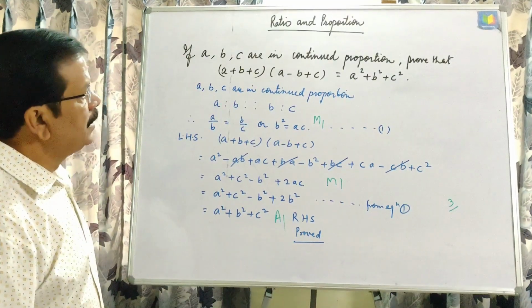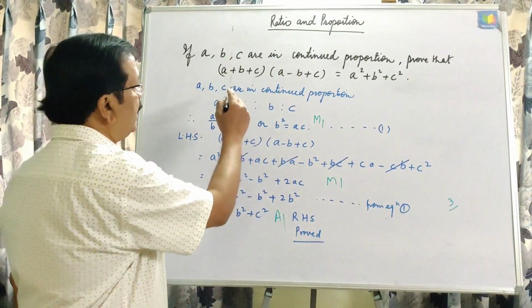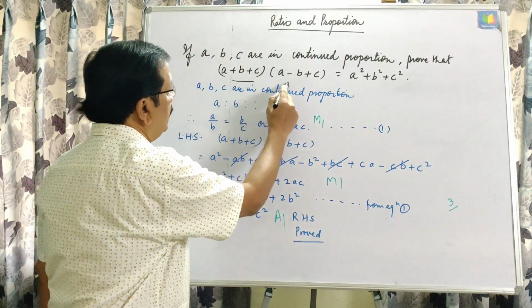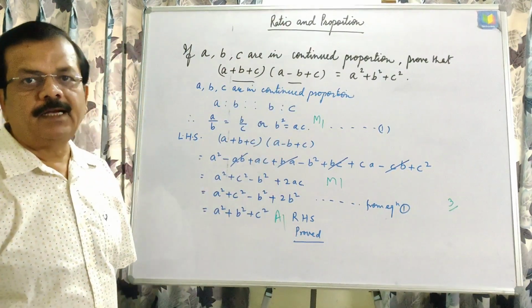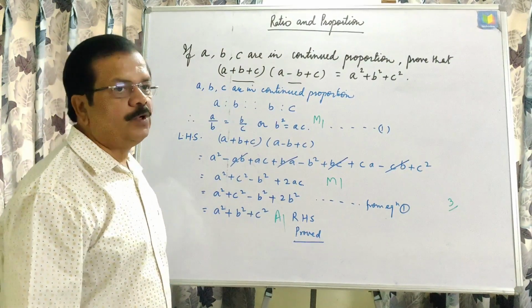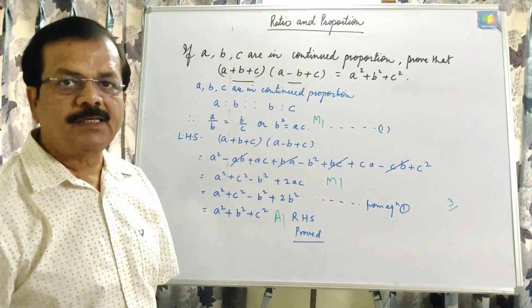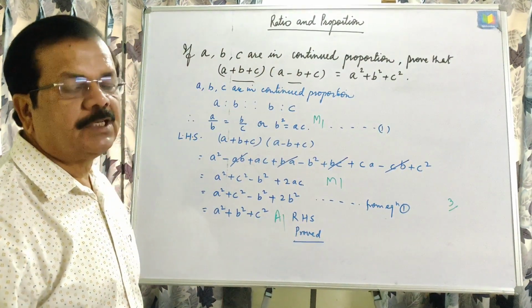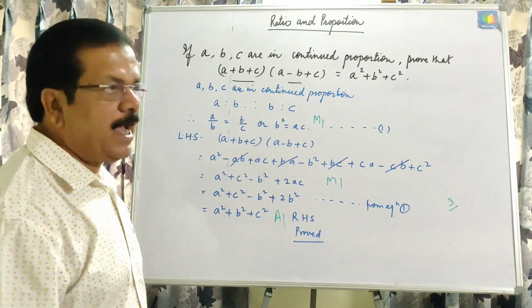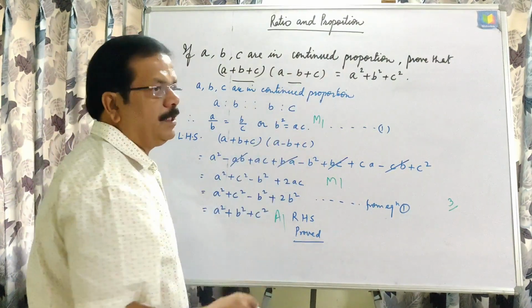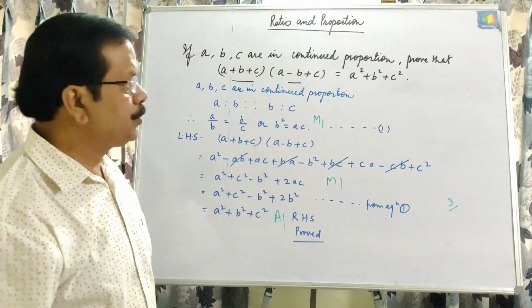If A, B, C are in continued proportion, prove that (A plus B plus C)(A minus B plus C) is equal to A square plus B square plus C square. The previous question was related to proportion, and continued proportion is also an application of proportion.